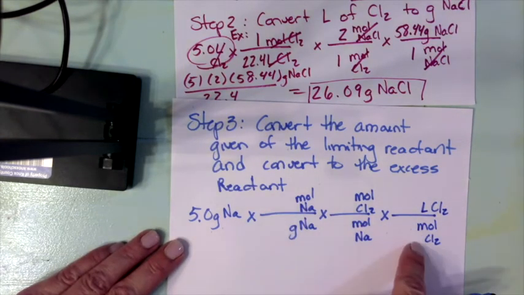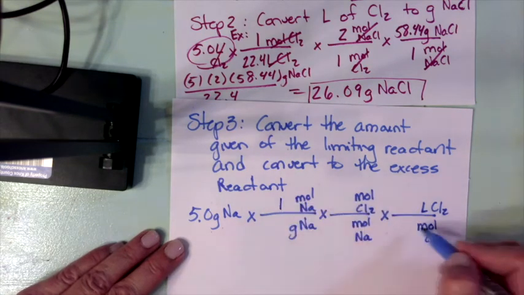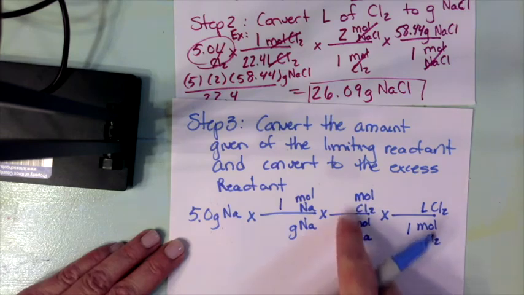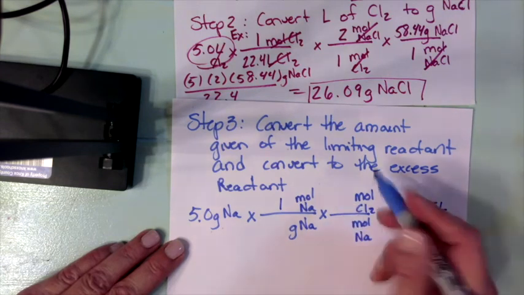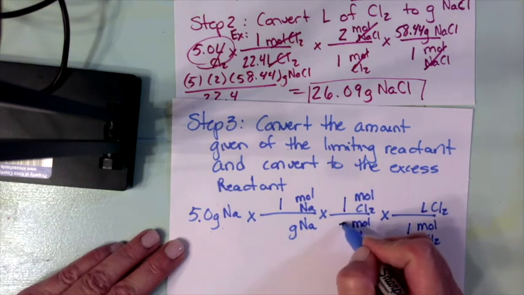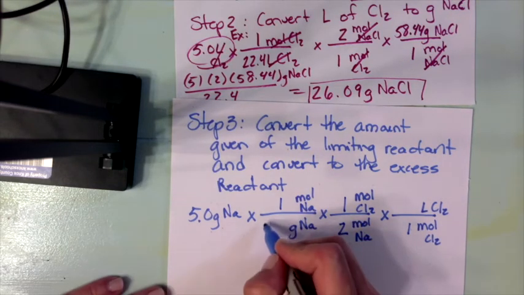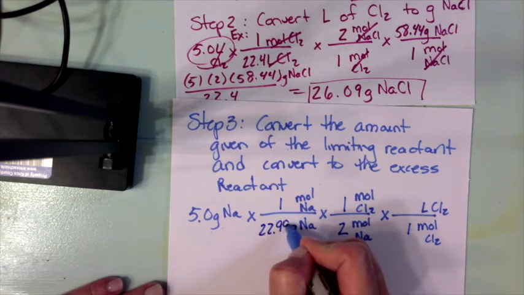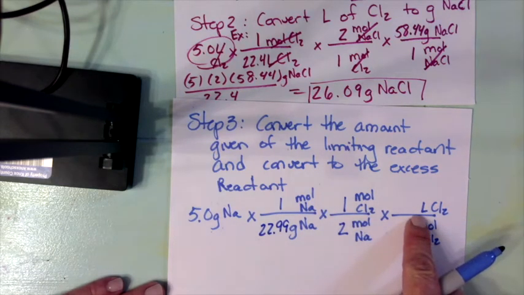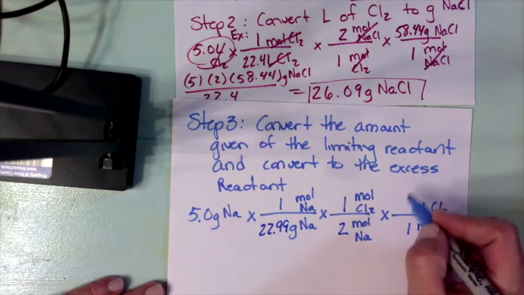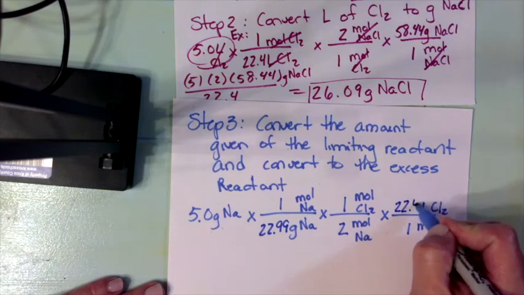Anytime mole is with another unit other than mole, we will just place 1. Here is our mole to mole ratio. The mole value in front of Cl2 is 1, and the mole value in front of Na is 2. Our grams of Na were 22.99, and liters is a constant value at STP. This is 22.4 liters.